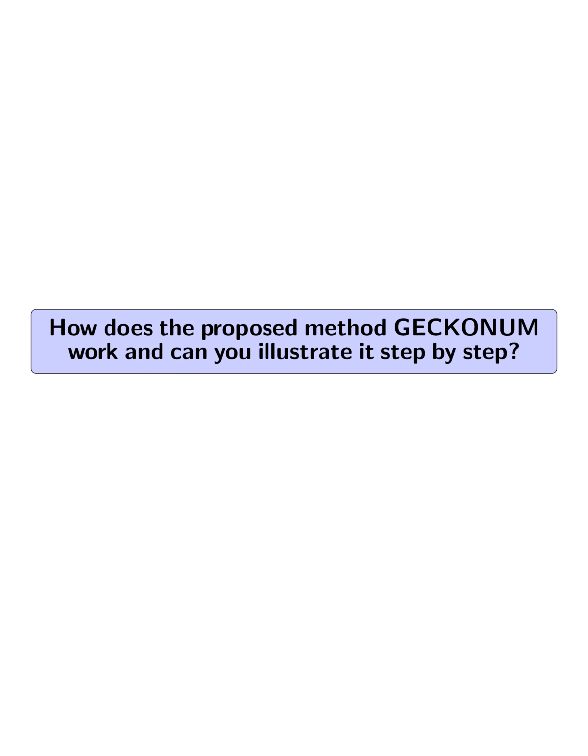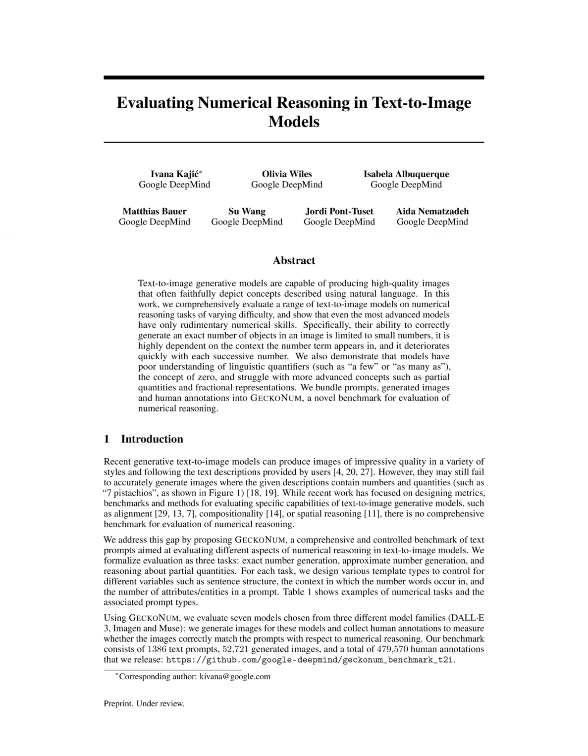How does the proposed method GECKONUM work, and can you illustrate it step by step? The proposed method GECKONUM works by providing a comprehensive and controlled benchmark of text prompts aimed at evaluating different aspects of numerical reasoning in text-to-image models.